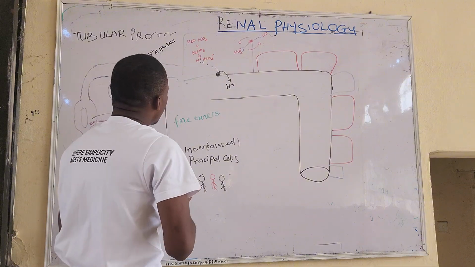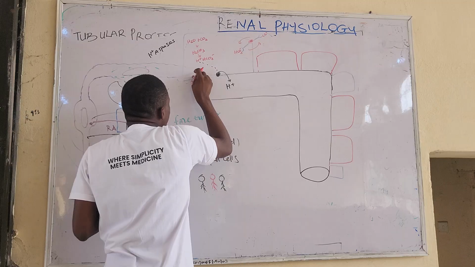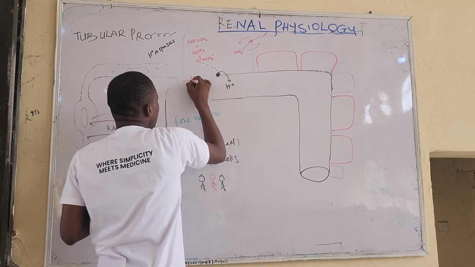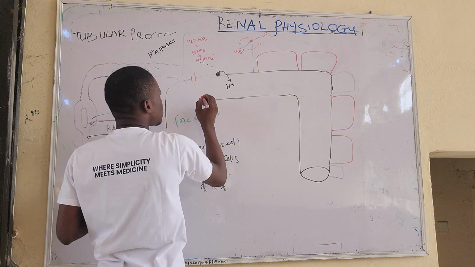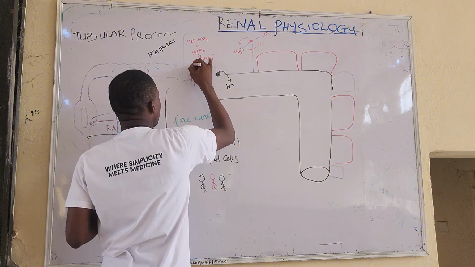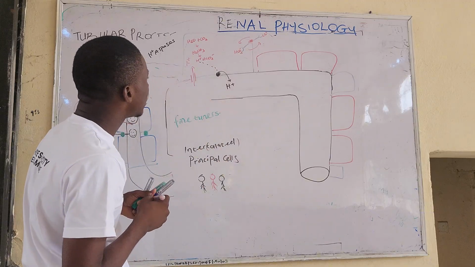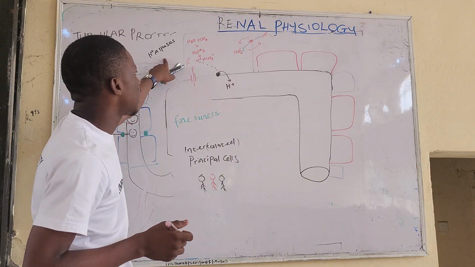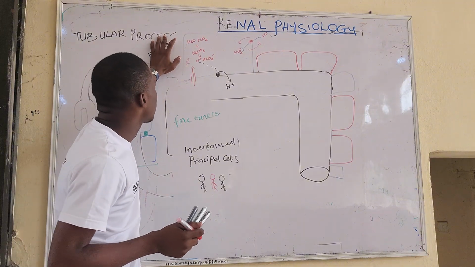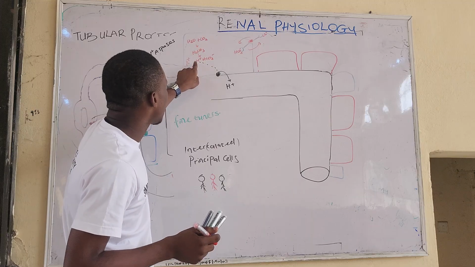That's number 2. What's the number 3 thing that occurs is that there is also one slight place here in this part, and this part allows potassium to leave. Are you following me? So if they ask you what's happening in the late DCT, intercalated cells and principal cells are acting. Inside intercalated type A cell, water and CO2 react, forming H2CO3, hydrogen plus HCO3.